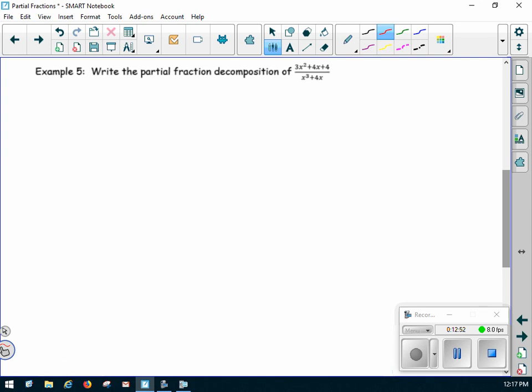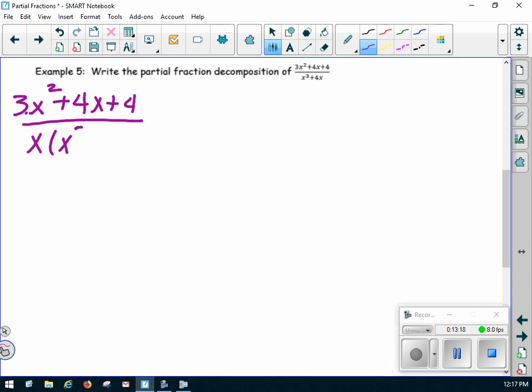Now, we just start, which means we do what? Factor the denominator. So I got 3x squared plus 4x plus 4 over, I don't think I know how to factor that. X times x squared plus 4.